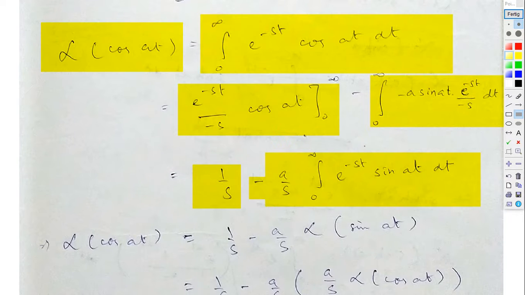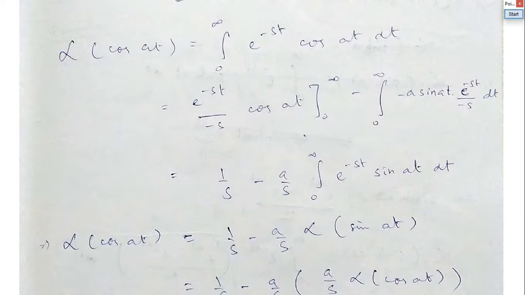This is the Laplace transformation of sin at. So the Laplace of cos at equals 1 by s minus a by s times the Laplace of sin at. The Laplace transformation of sin at can be written as a by s times the Laplace transformation of cos at.